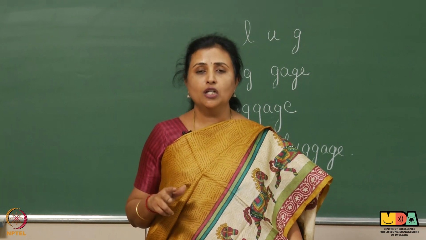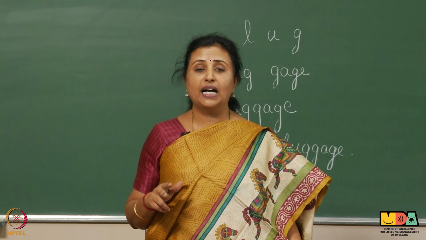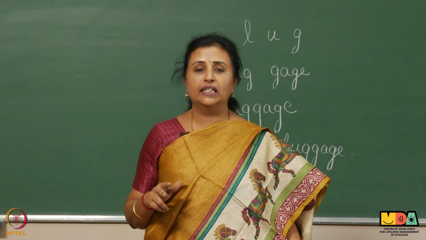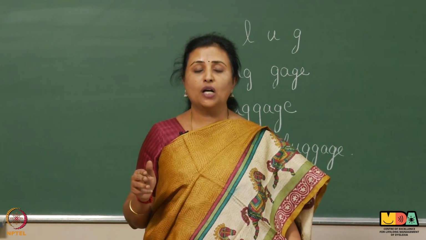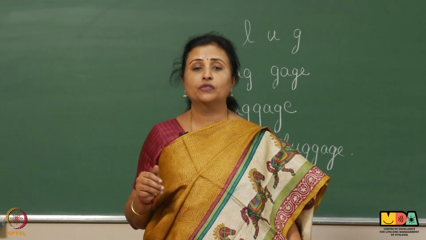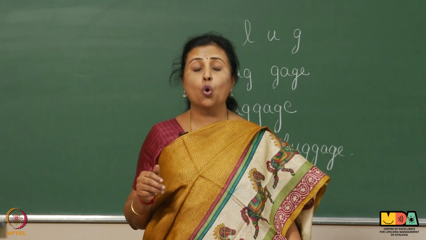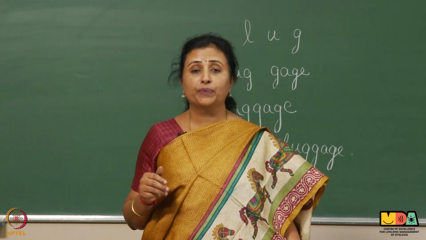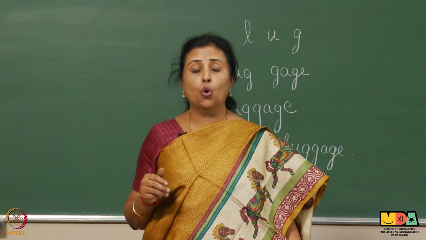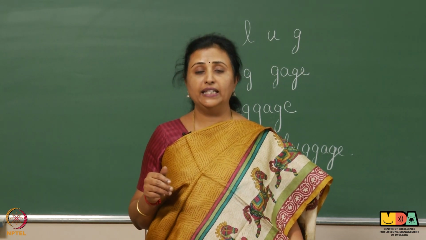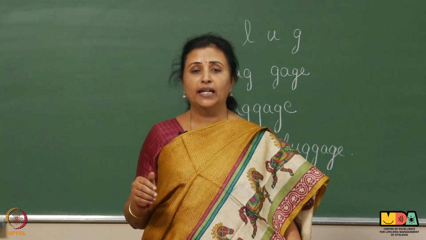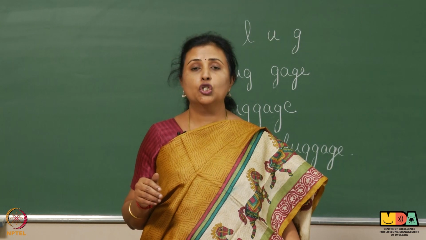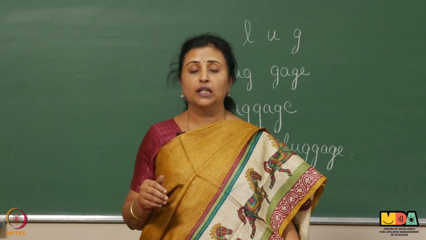The long sound of the vowel I says I, as in ride, bike. The long sound of the letter O is O, as in goat, boat, wrote. And finally, the long sound of the letter U is U, as in tune, mute, cute.